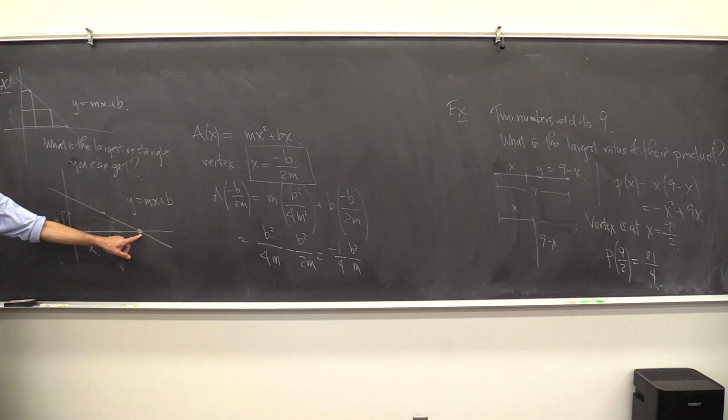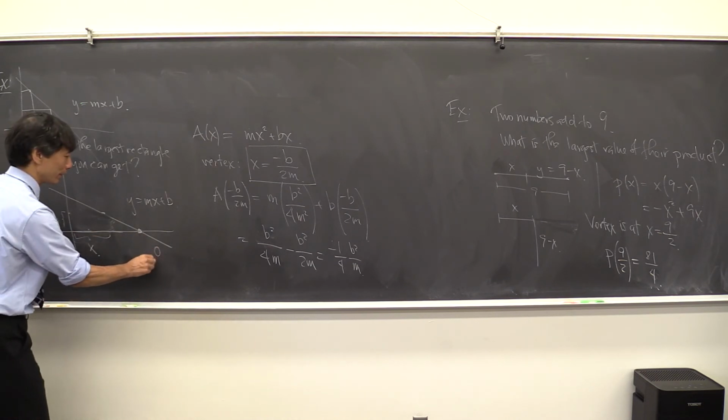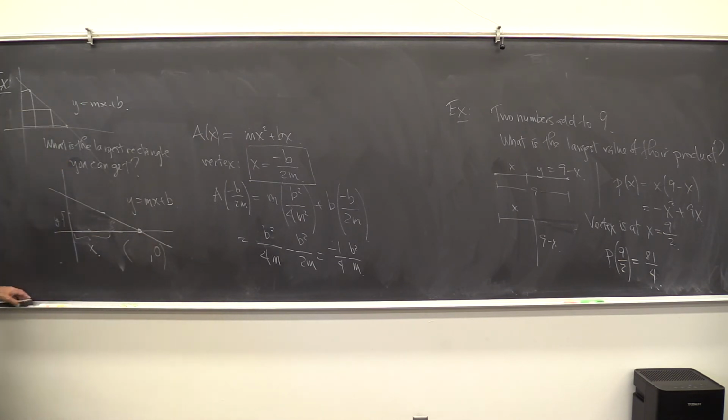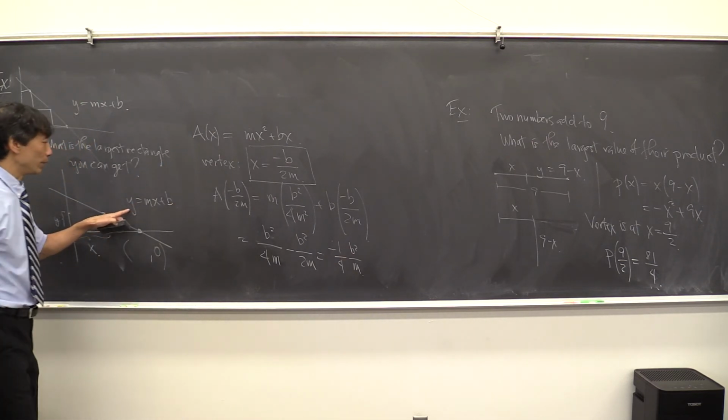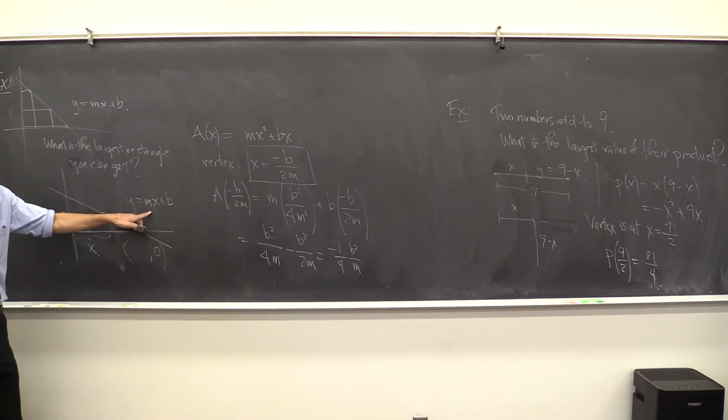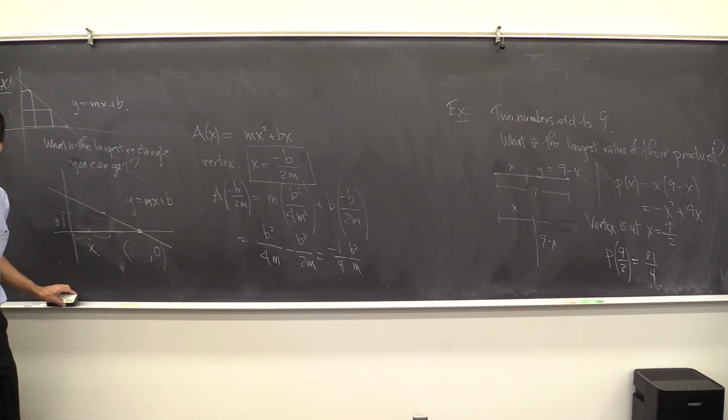What's this point here? This is when y is equal to 0. If y equals 0, what's x? Negative b over m.